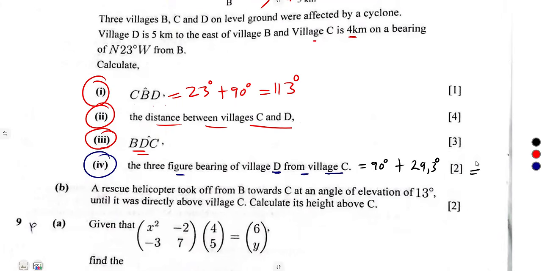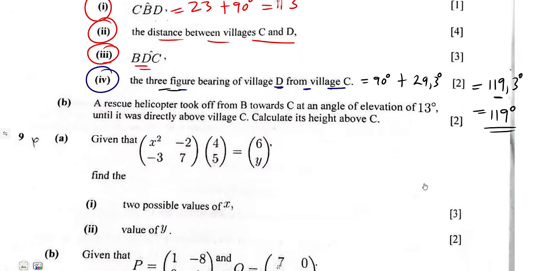This is going to give us 119,3, but we need three figure. So to the nearest whole number, that is 119 degrees. So this is what you're going to consider.